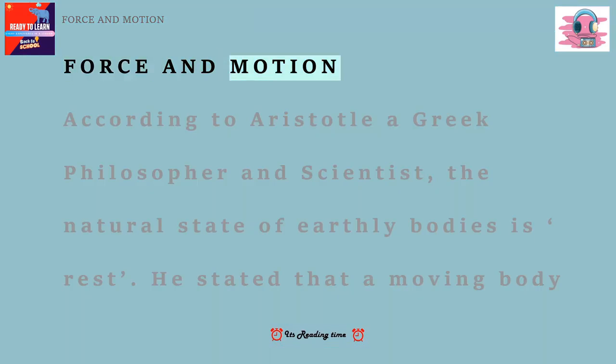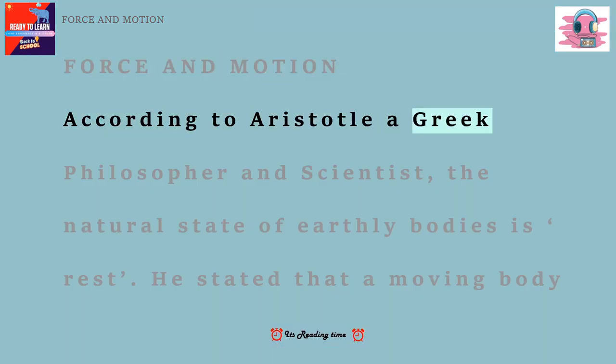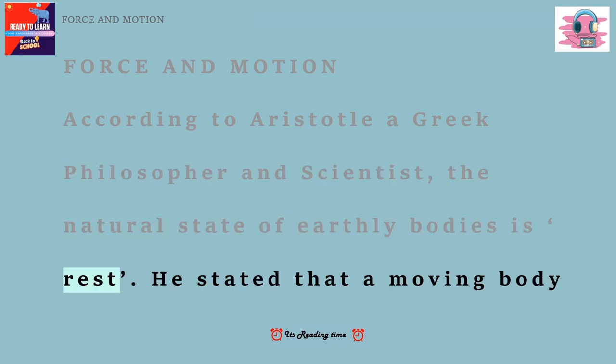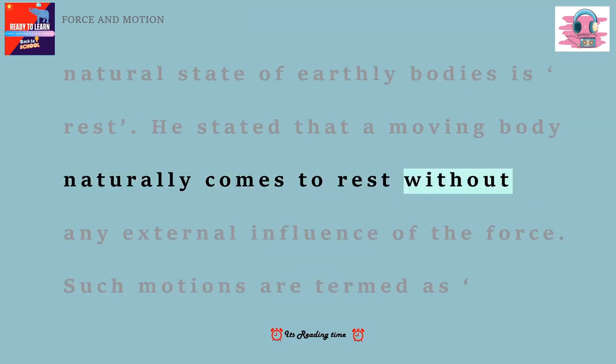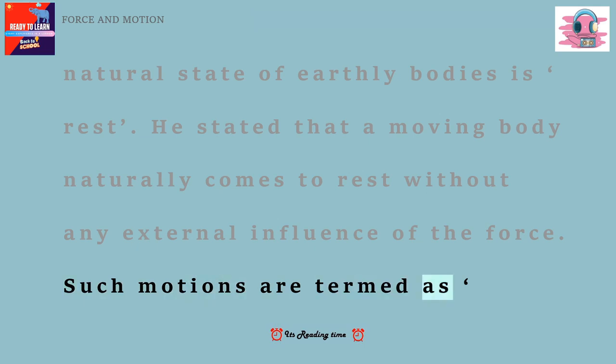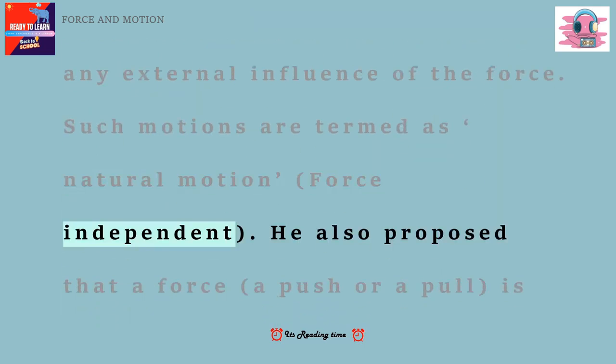Force and motion. According to Aristotle, a Greek philosopher and scientist, the natural state of earthly bodies is rest. He stated that a moving body naturally comes to rest without any external influence of force. Such motions are termed natural motion, force independent.